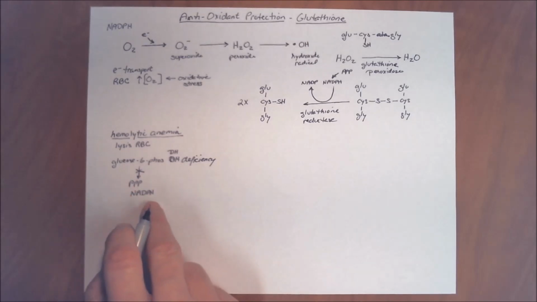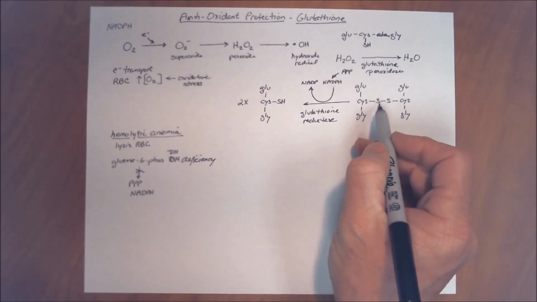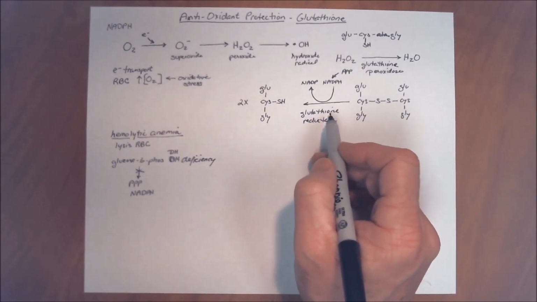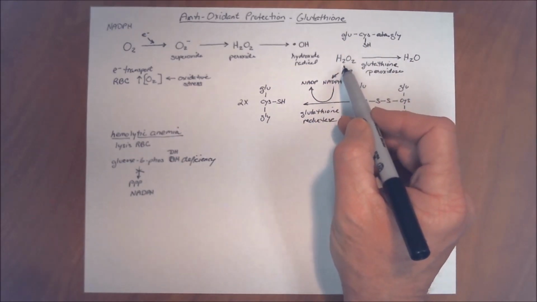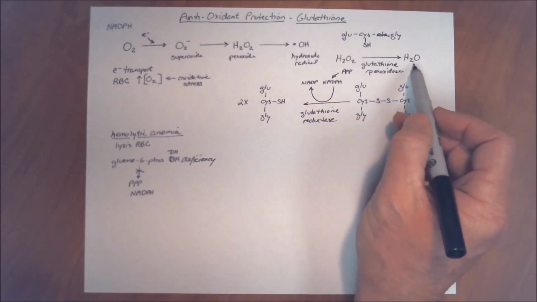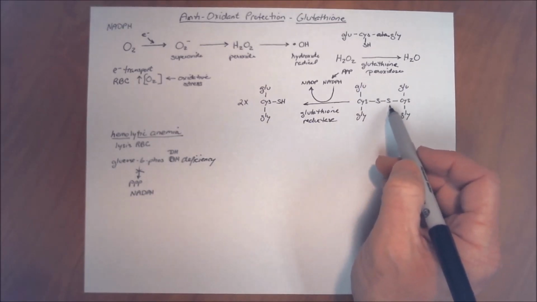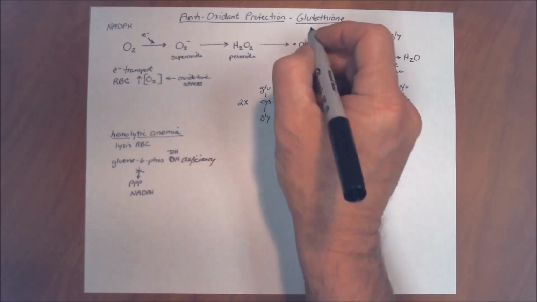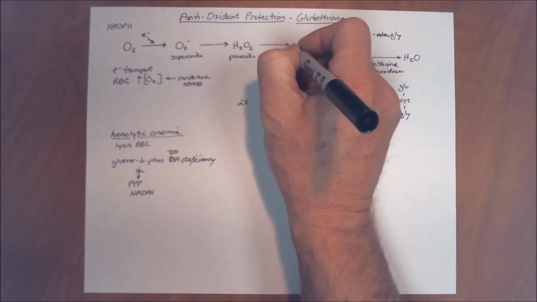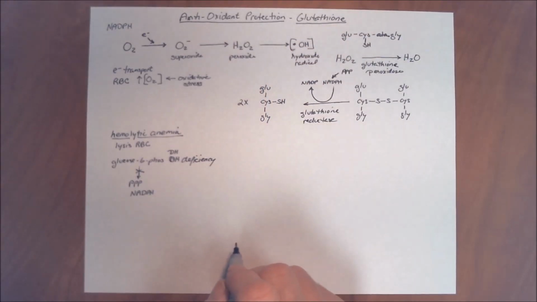With an NADPH deficiency, we will not be able to reduce the oxidized form of glutathione, so the glutathione that is present will be able to undergo one round of neutralization of the peroxide into water, become oxidized and dimerized by the cysteine bridge, and then we're stuck. So these individuals with this deficiency will have a dramatic increase in the hydroxide radicals.